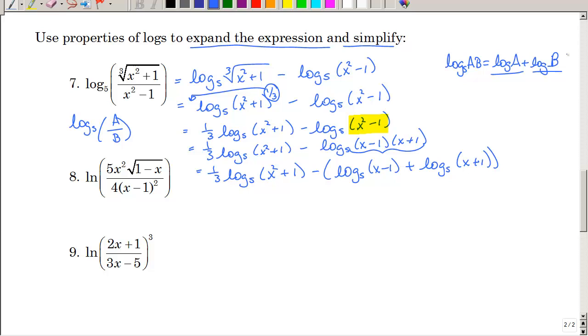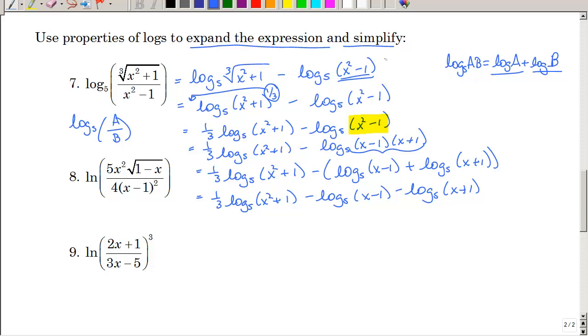And then the last thing I would do is distribute this minus sign. So probably should have factored way back there. Didn't really see it at first.